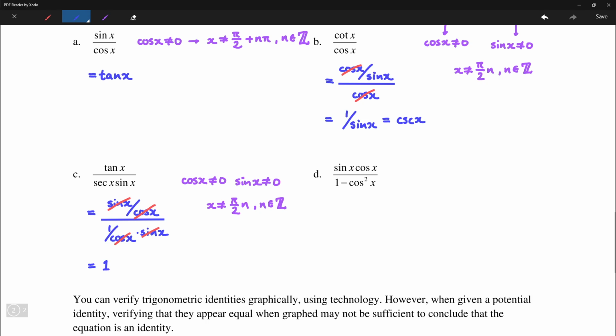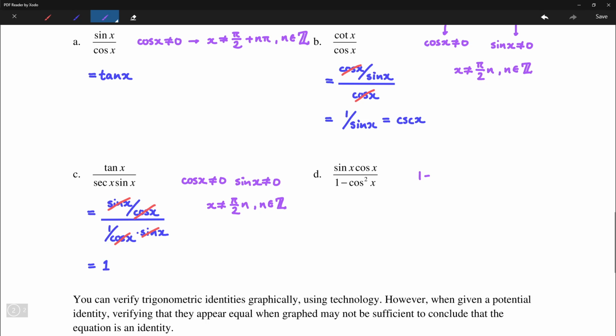Okay, so the last one is a bit trickier. First of all, we have a denominator, 1 minus cosine square x, which is not just sine x or cosine x. It's a little bit different. So let's consider what happens here.